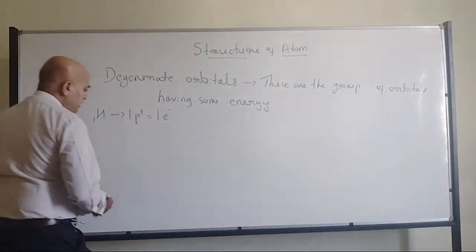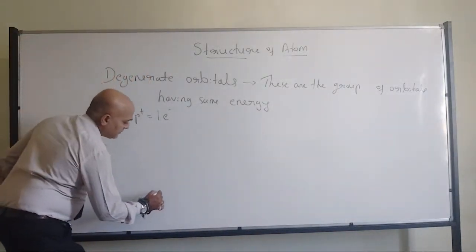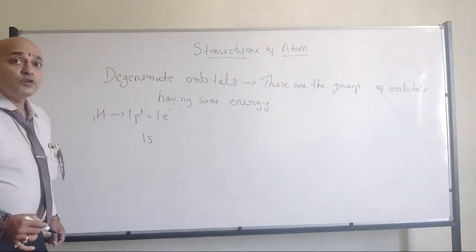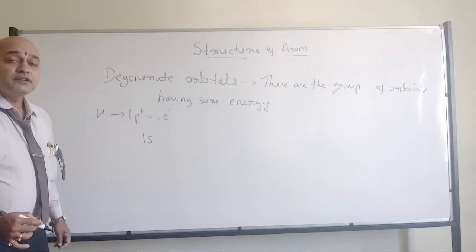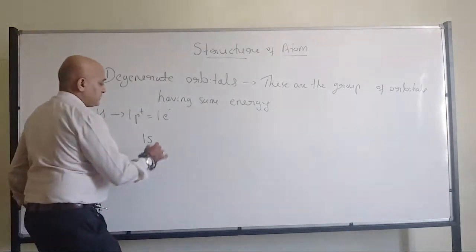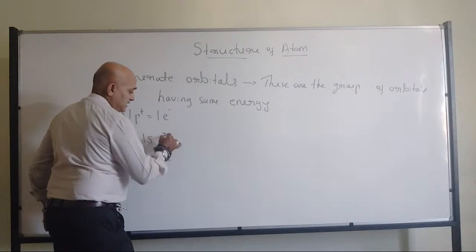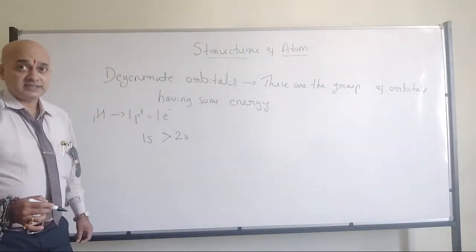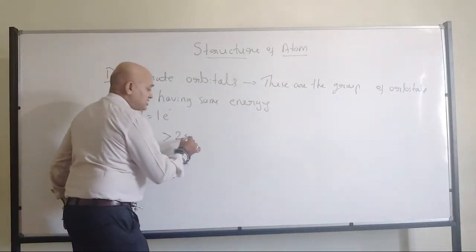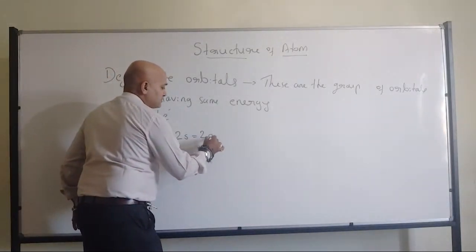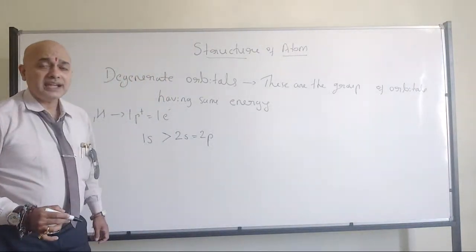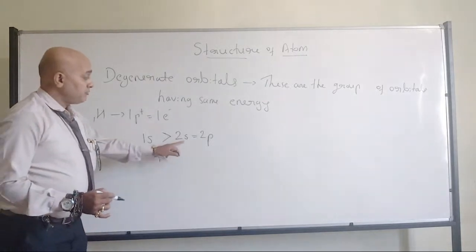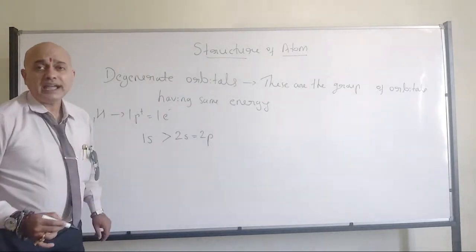Now whatever I will be talking about at present will be applicable to the hydrogen atom. With respect to the hydrogen atom, 1s is of lower energy. Then comes 2s, and since at energy level 2 we have the p subshell also, 2s and 2p will have equal energy, but greater than that of 1s.